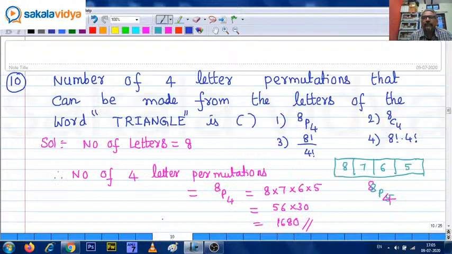Yes, this we need to change the option. 8 factorial by 5 factorial, right? Yes, 8 factorial by 4 factorial is correct. Narla, good observation.